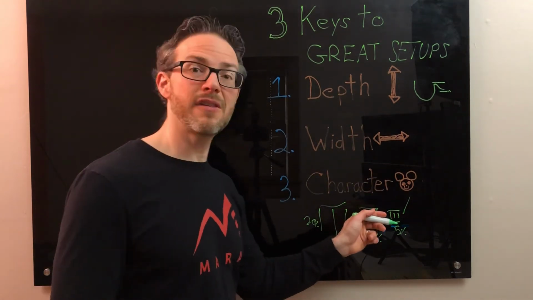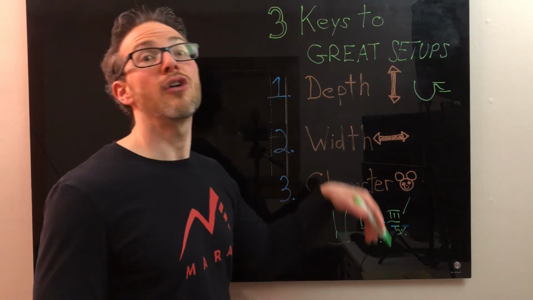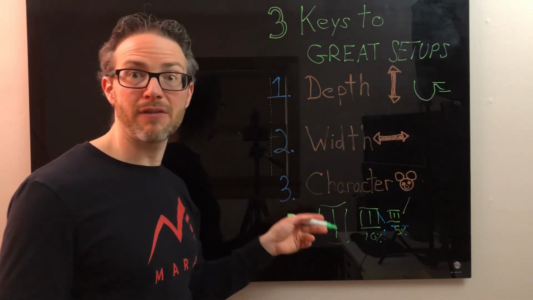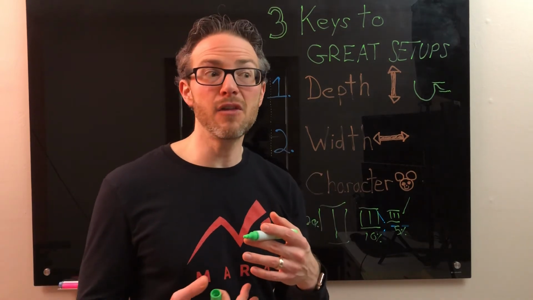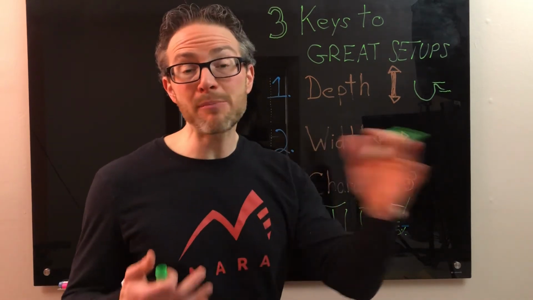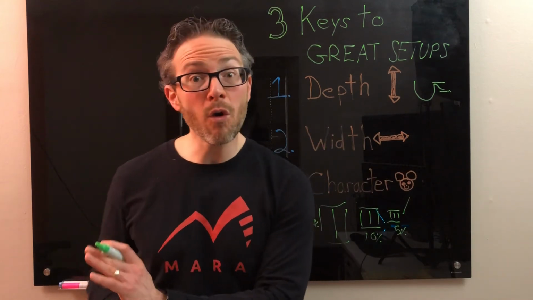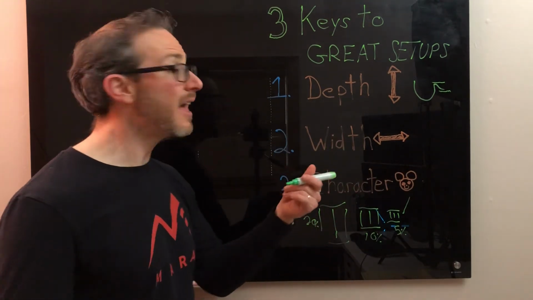Now it's risk 5%, make 20%, because you're going based off of this back here. So that is the thing that is going to give you that high probability, high reward to low risk setup that we love to see.